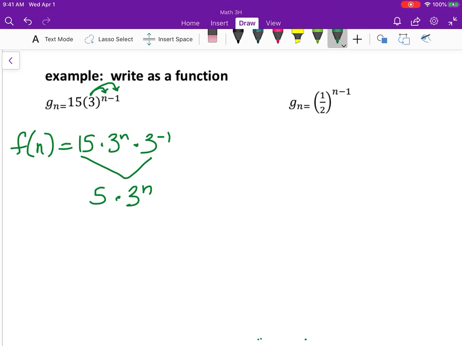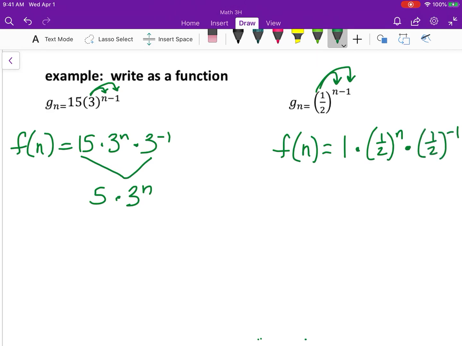So if you look at this second one, turning this one into a function, a lot of students don't realize, even though it's not going to affect it that much, it's 1/2 to the n minus 1, but there's no number out in front. Well, the number out in front is really a 1. So it's 1, then we have our 1/2 to the n, and we times, remember it's all times, and then we have our 1/2 to the -1.